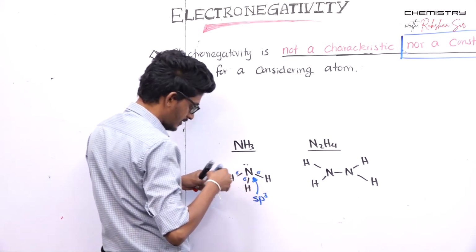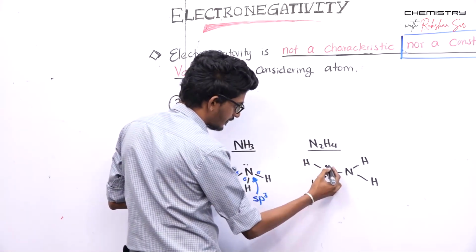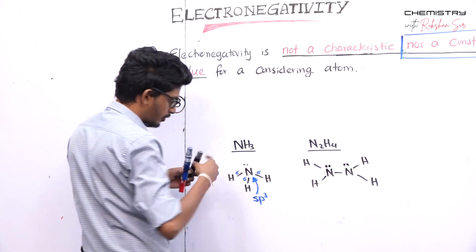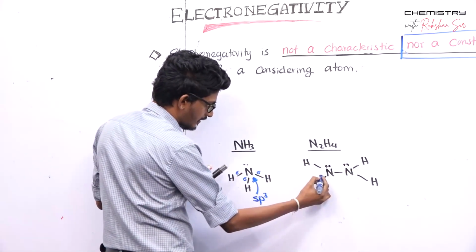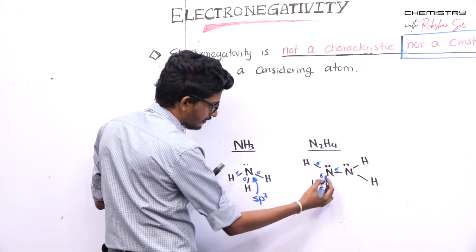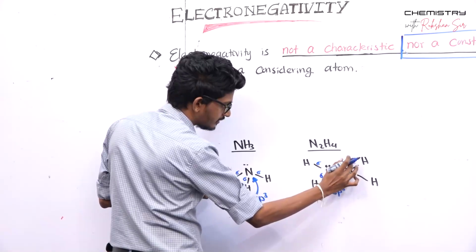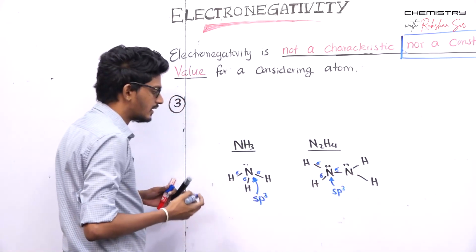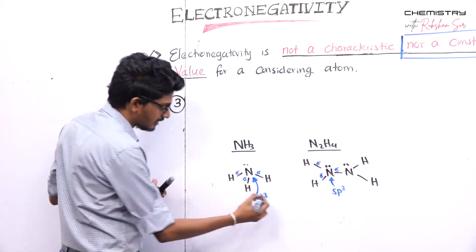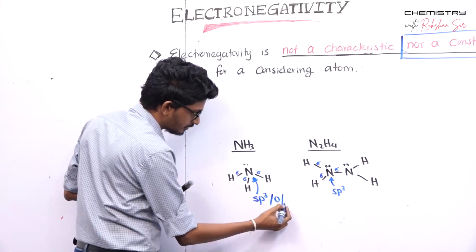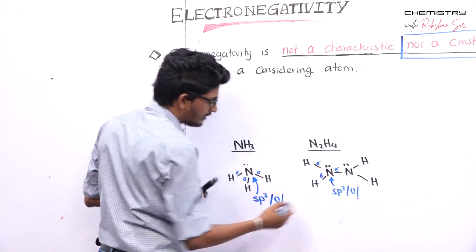When it comes to these nitrogens, they are also coming up with 3 sigma bonds and a lone pair, 4 units, sp3. Even this one is sp3, right? Hybridization is the same. Then charge is also the same. Charge is 0 on both of the nitrogens.